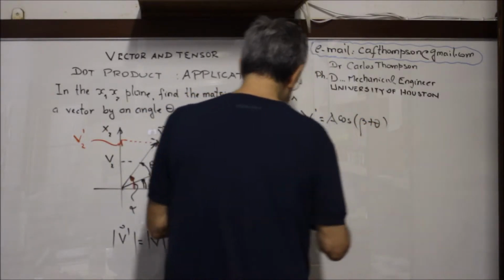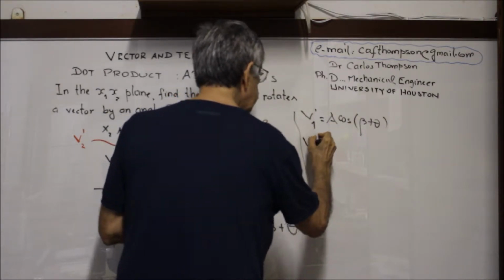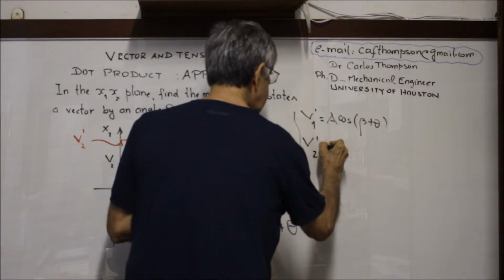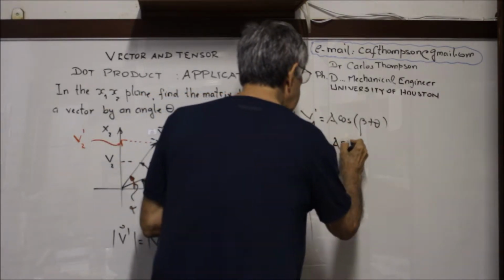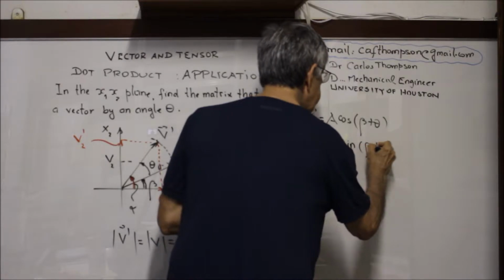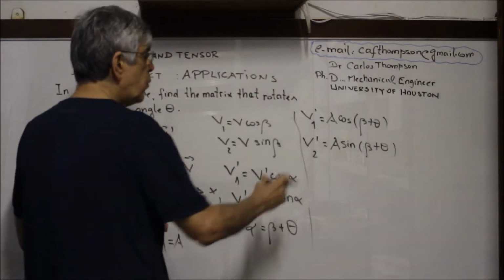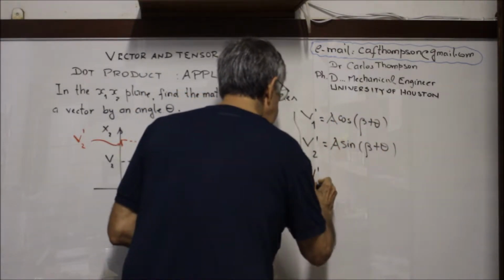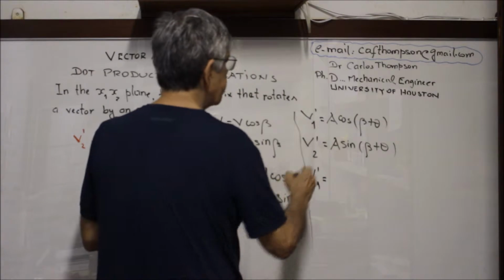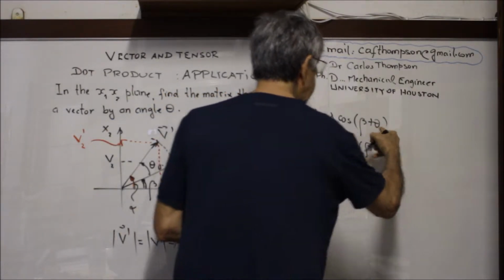And v prime 2 is A sine of beta plus theta. Now, I will expand this. v prime 1 is A cosine of beta plus theta.